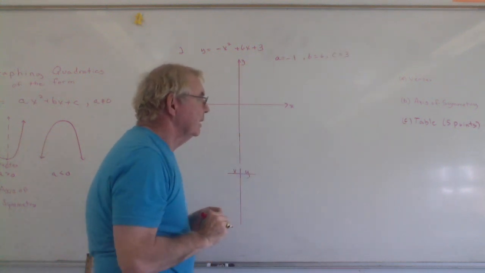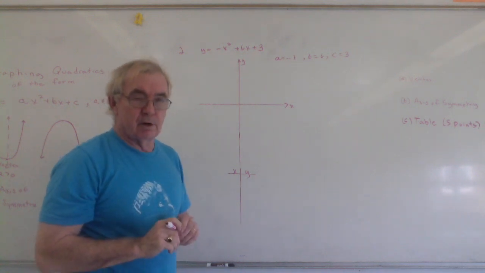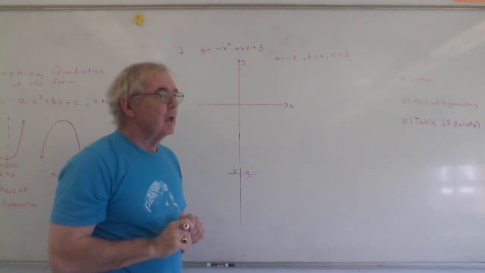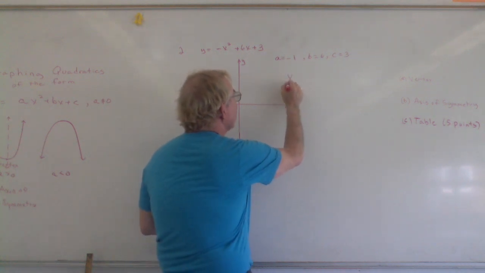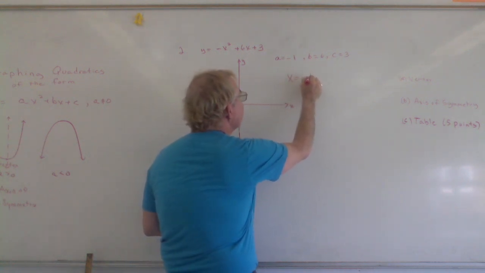Now, let's find the vertex. In the previous example, we talked about the vertex being -b/2a.